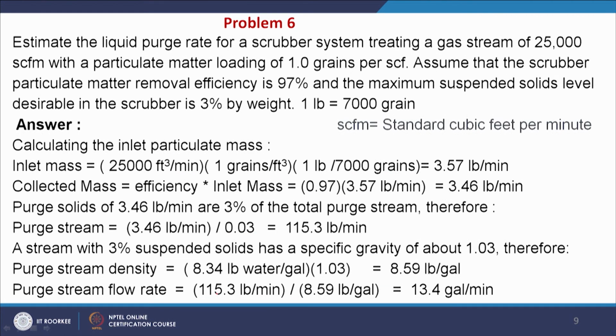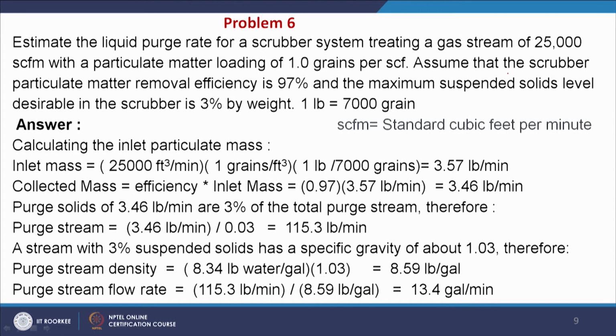Next, problem number 6. The statement is: estimate the liquid purge rate for a scrubber system treating a gas stream of 25,000 SCFM with a particulate matter loading of 1 grain per SCF.